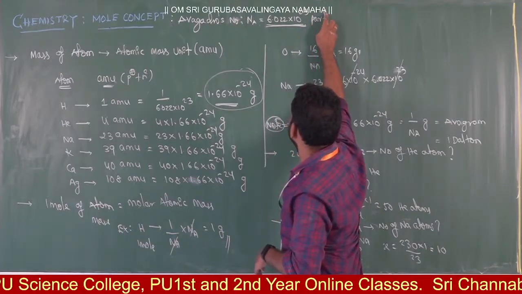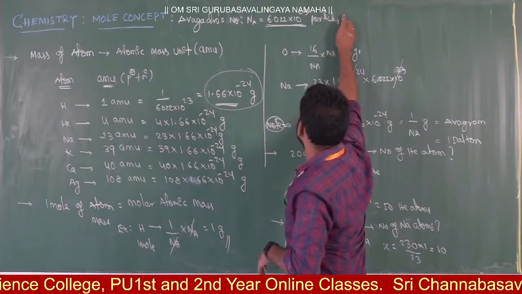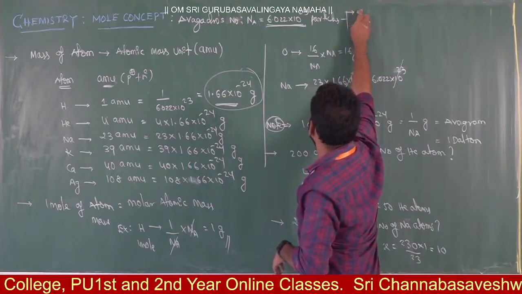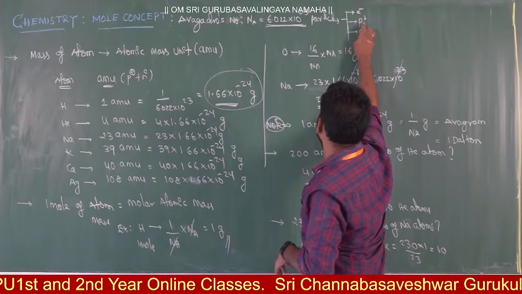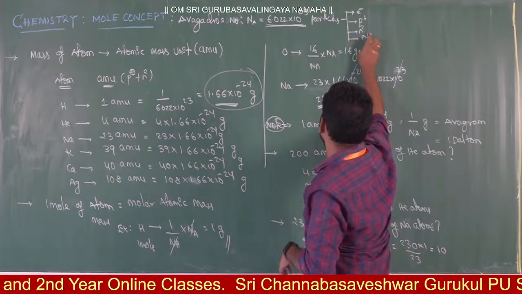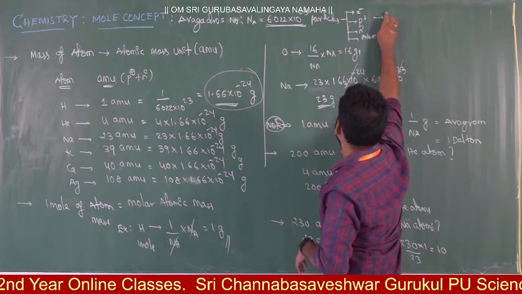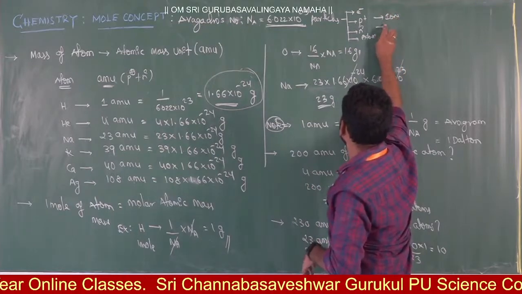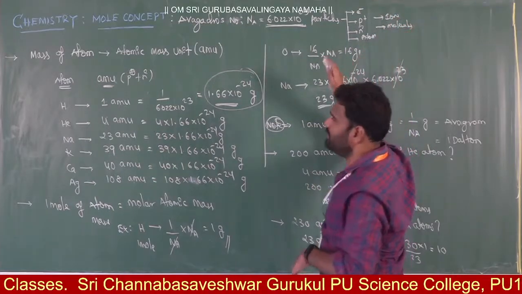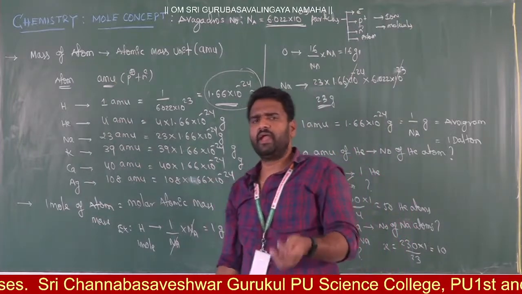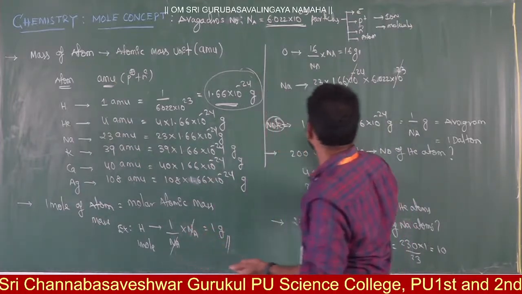Here, particles may be electrons, protons, neutrons, atoms, ions, or molecules. The particle may be anything. You can take an ion, atom, molecule, electron, or proton.